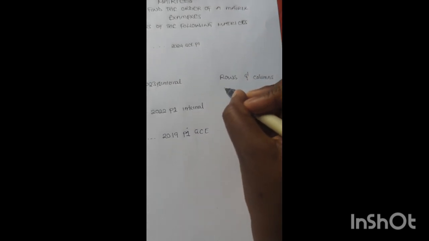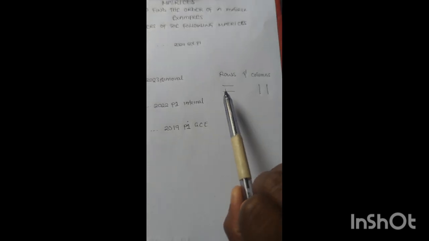Rows are sleeping lines like this. These are rows. Columns are standing lines. If you are able to get this, then we are good to go. Know what a row is, which are sleeping lines, and columns are standing lines.